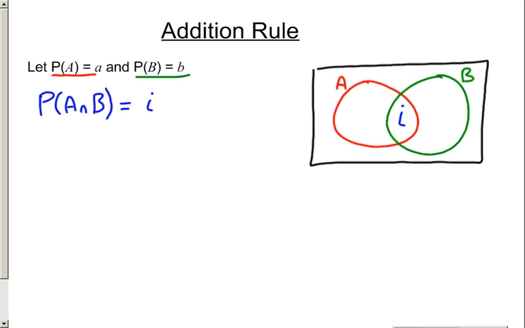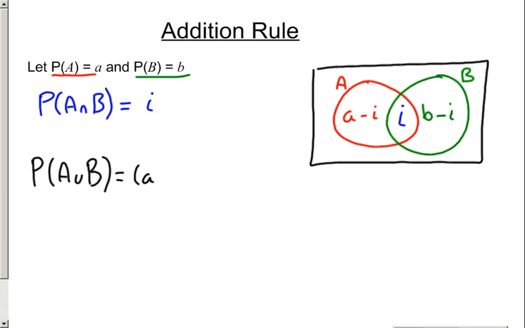That means just A is A minus I, because the total of the red circle must be A. So if we've already got I, we have to take I off. Similarly, in B, we have B minus I, because the total of the green circle has to be B. Now, the probability of A union B, A or B, is adding up the red, the blue, and the green.